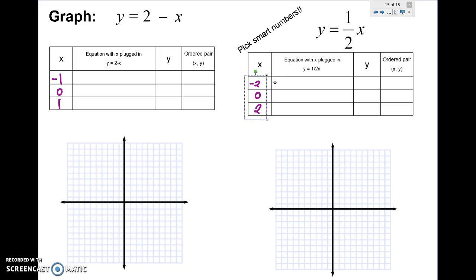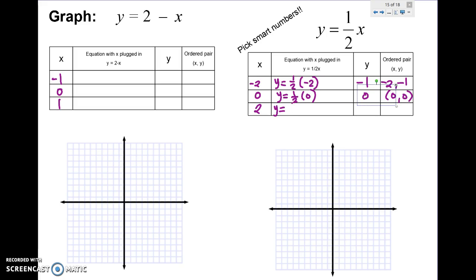And then I'm going to rewrite the equation. Y equals 1/2 times -2, which gives me -1 for y, and my ordered pair is -2, -1. Plug in 0, 1/2 times 0, which gives me 0 for y, so my ordered pair is 0, 0.